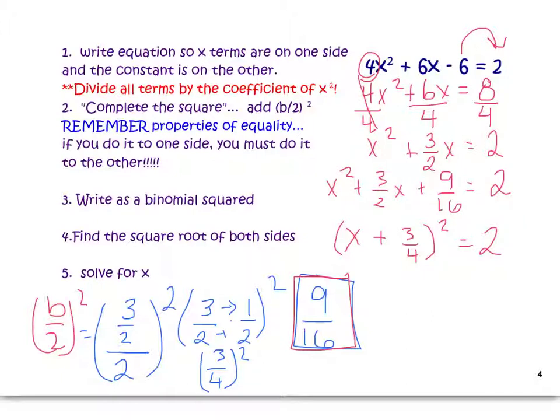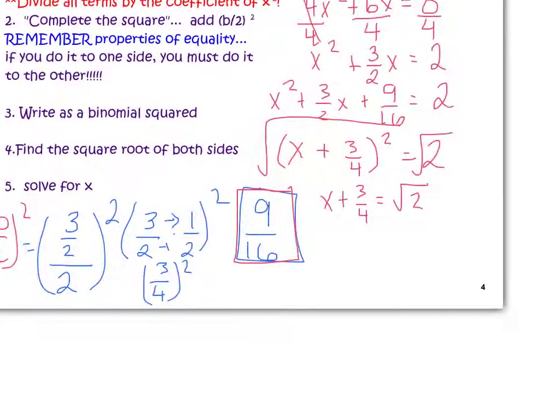From here, we just move on. Square root of both sides. x plus 3/4 equals the positive version of the square root of 2 and the negative version.